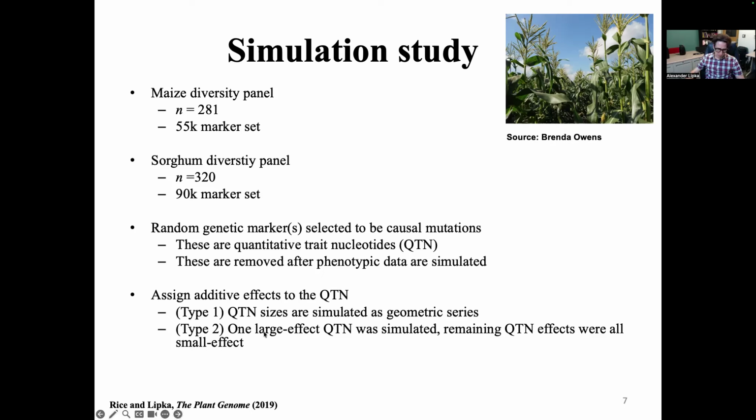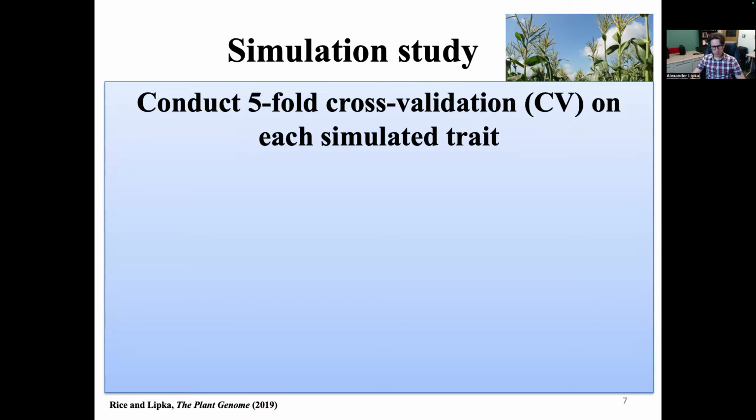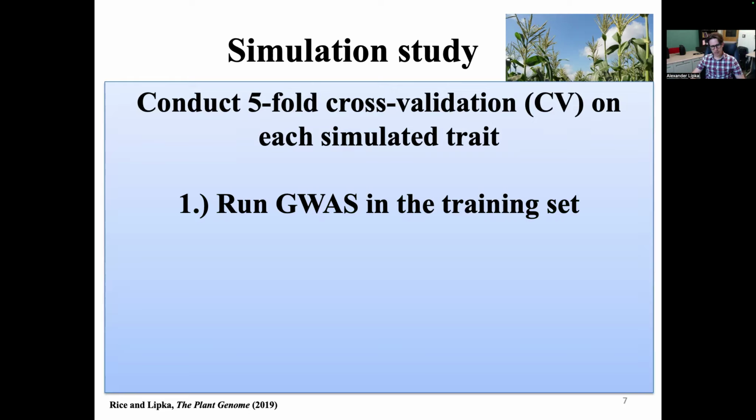The second genetic architecture considered was where you had one large effect QTN and then the remaining markers followed a geometric series. And the user selected the heritability. The way we evaluated predictive ability was through five-fold cross-validation. So you have a training set, four-fifths of your either maize panel or sorghum panel.